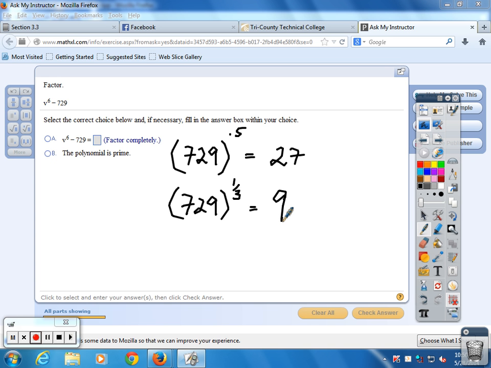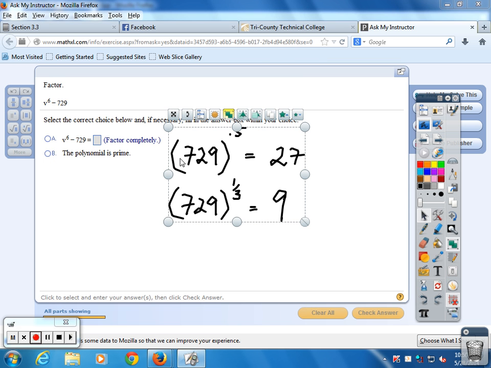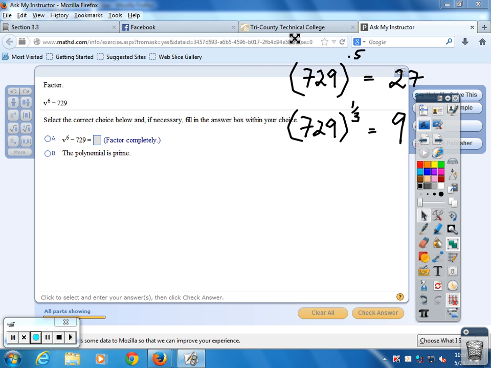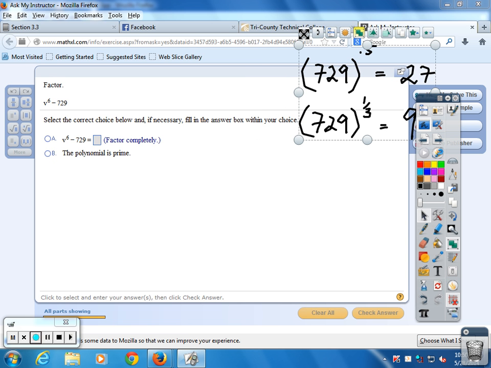Now we know that the square root is 27. The cube root is 9. Remember that. Let's put that up here for safekeeping.